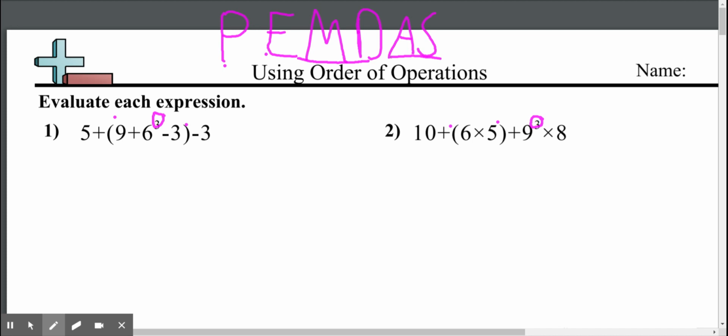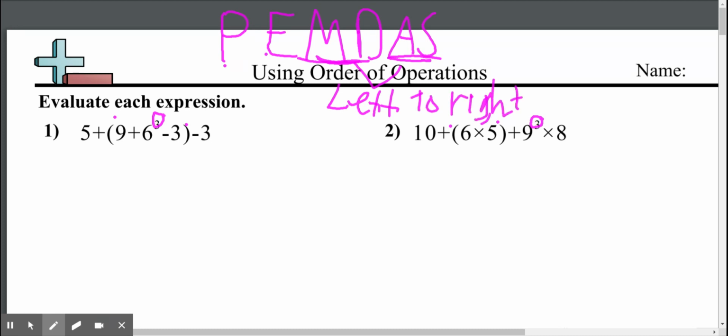Now, this is the tricky part. Whenever you come up to a point with this, if you ever have a part where it's multiplying, dividing, and then just adding, subtracting, you always want to go from, and I'm just going to make a note here, from left to right.